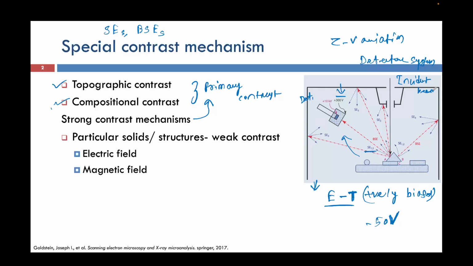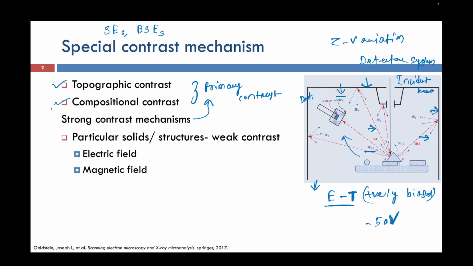This is typically a cross section of the SEM. Here you can see one interesting phenomenon: the backscattered electrons coming out of the sample, after colliding with either the pole piece or any other part in the chamber, get converted into secondary electrons.